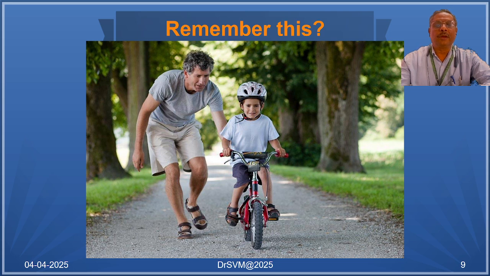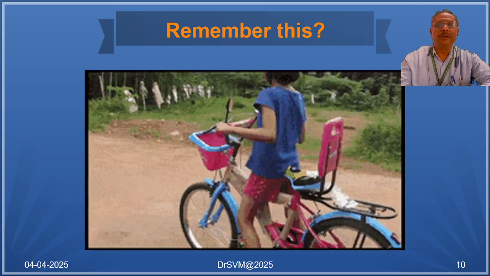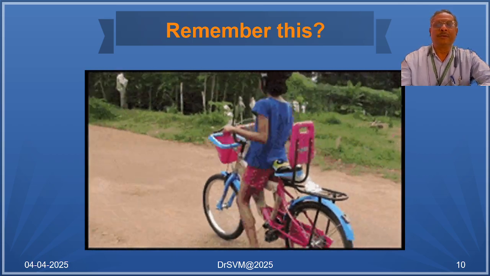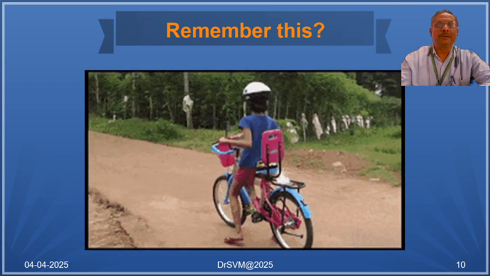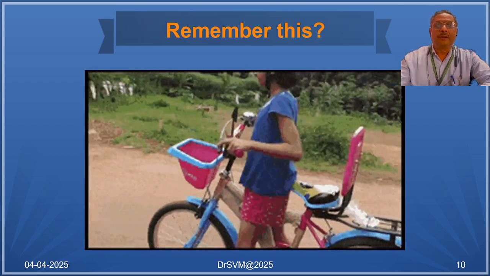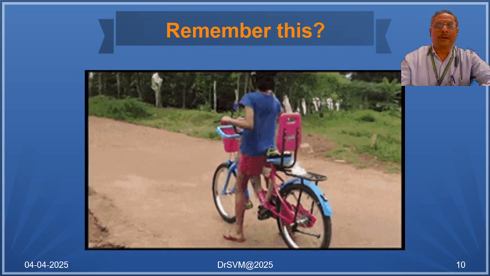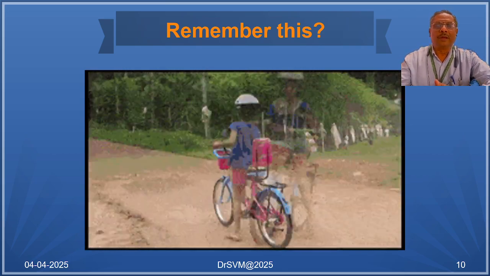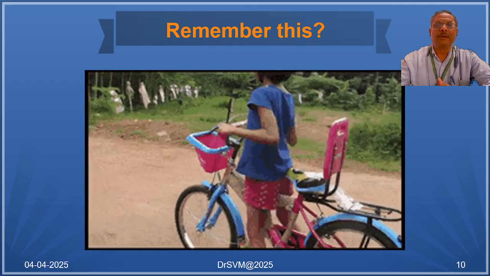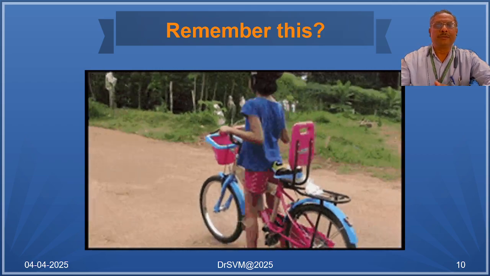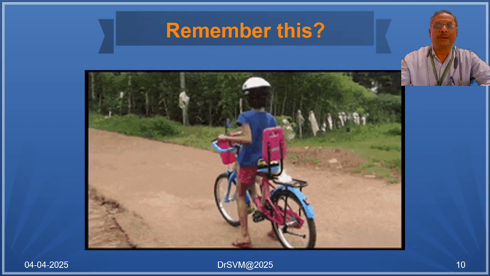So, without knowing how to ride, we started riding, and this is how we began our journey. We were not sure how to ride, or in technical terms, how to balance a bicycle. We were not sure, and this is how we started our journey.